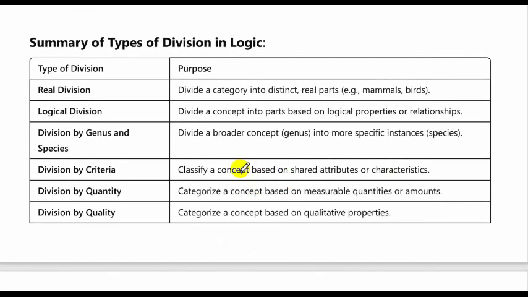Alright, now let's summarize the whole thing. What is a real division? It divides a category into distinct real parts. Logical division divides a concept into parts based on logical properties or relationships.